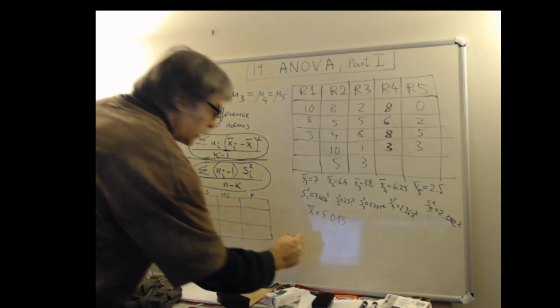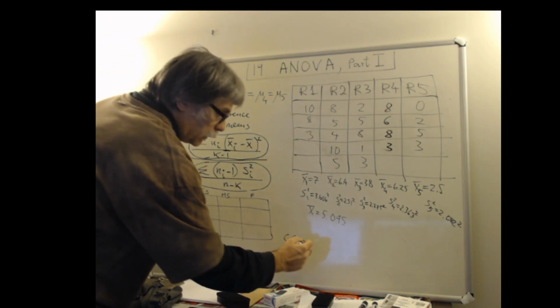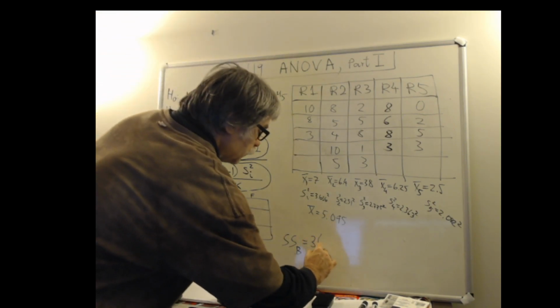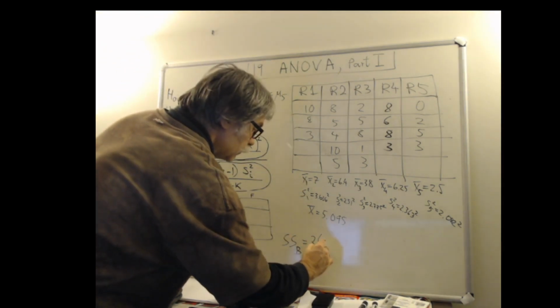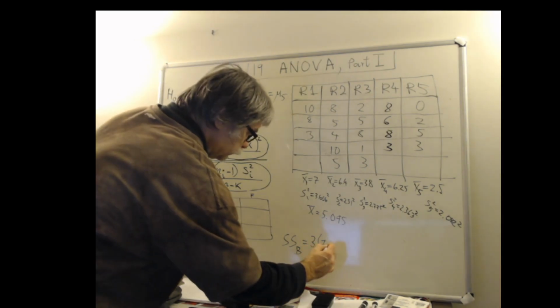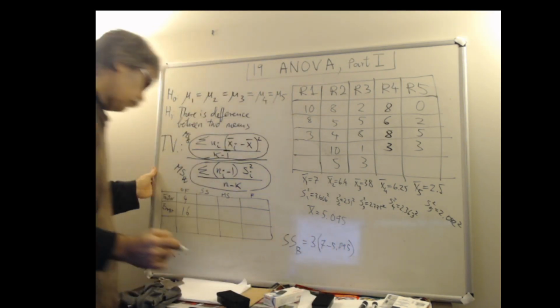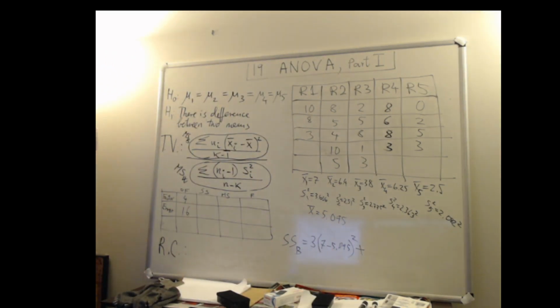So you start with n1, n2, n3, n4, n5. n1 is 3, times the mean in the first group, 7, minus the overall mean, 5.095, squared. Plus, repeat this for the second group.